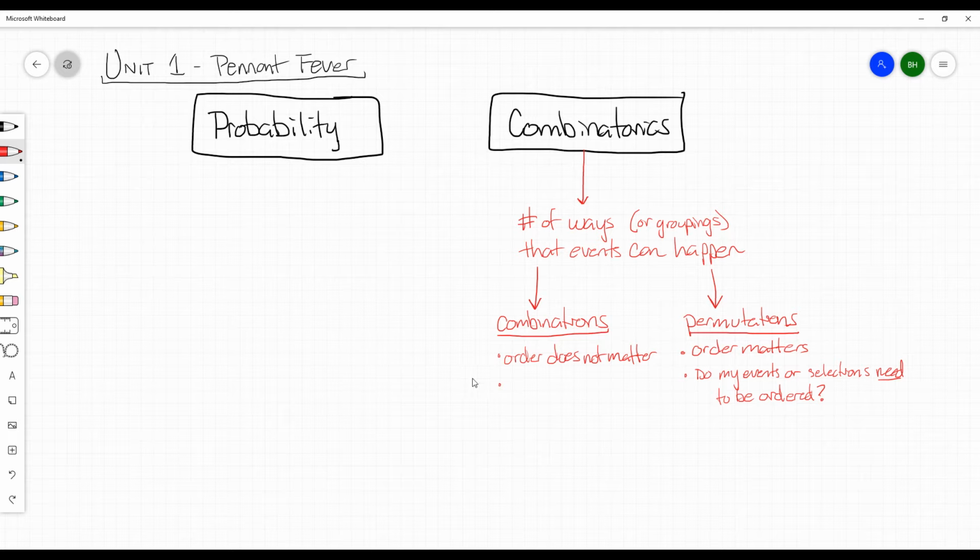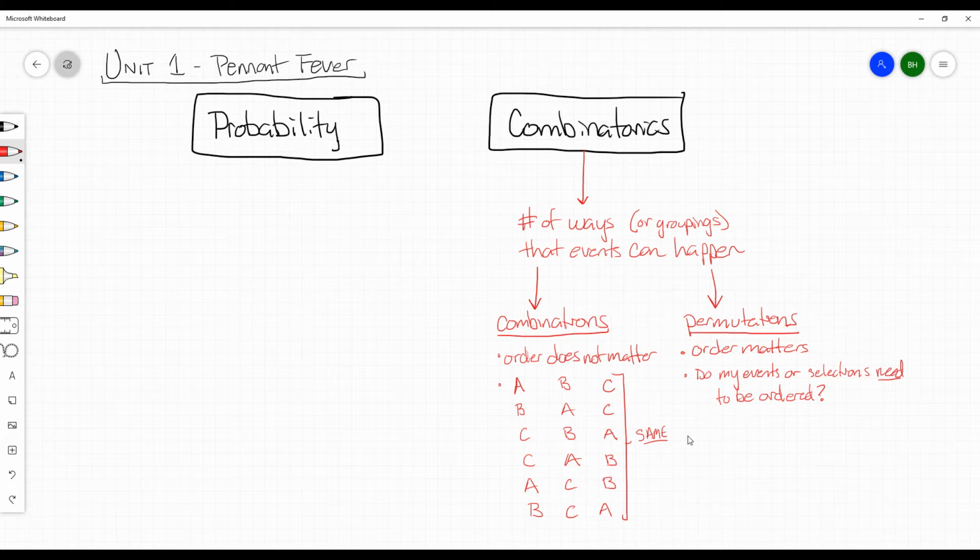What that looks like is if we have three events, event A, event B, and event C, then that is the same as having BAC or CBA or CAB or ACB, and there's one more, BCA. According to a combination, these would all be the same, because we don't really care.